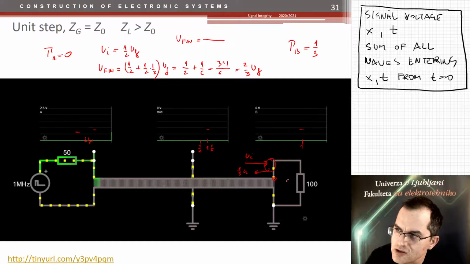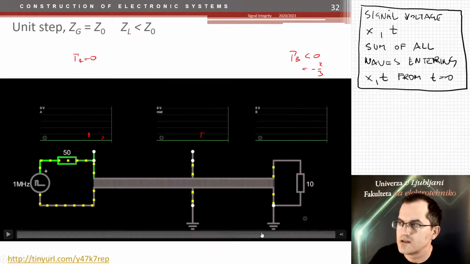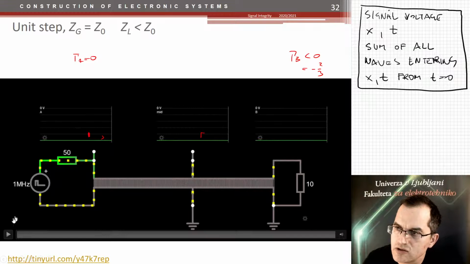It's just the generator divided by the sum of both, without any knowledge of the transmission line. 150, as you see, is 2/3 of the generator voltage. Okay, so it holds well.